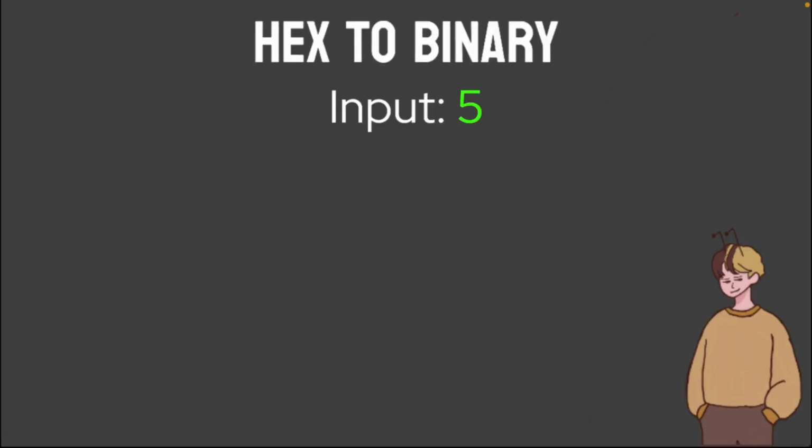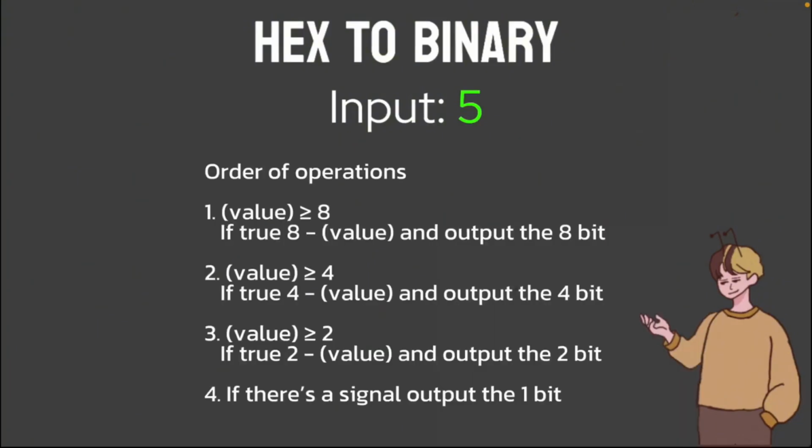So, what's going on here? I'm going to explain this by just giving you the example as I go. Let's suggest we have an input of 5. We want to convert this to binary, and we're going to do that going through this order of operations. We're going to check if it's equal or greater than 8, 4, or 2, and if it bypasses all of that, then it is just the bit that we need.